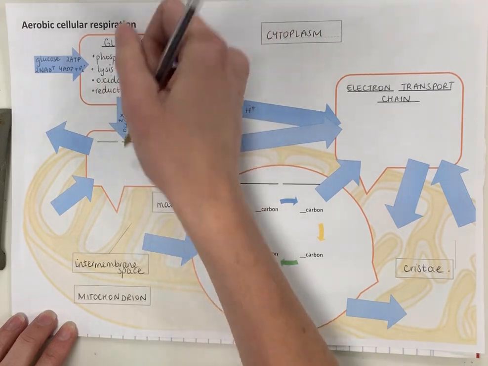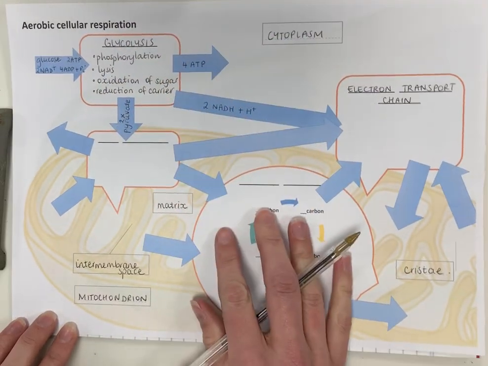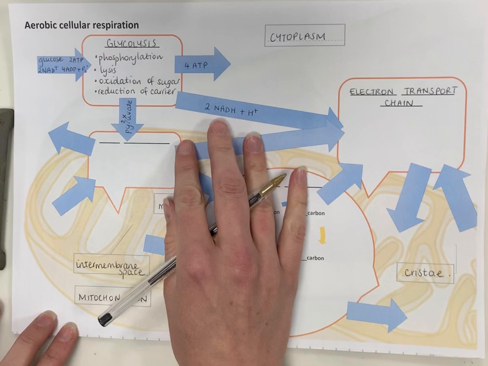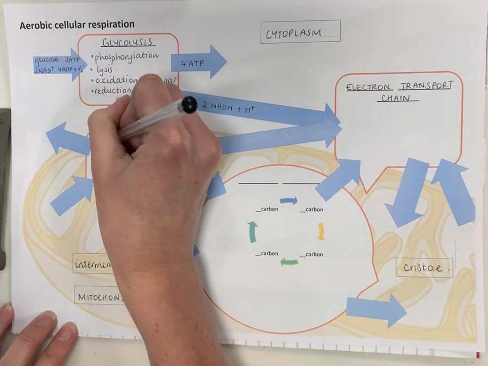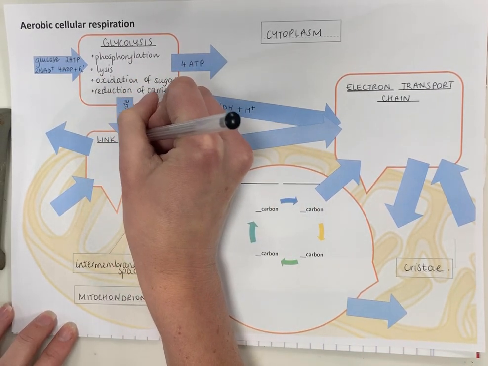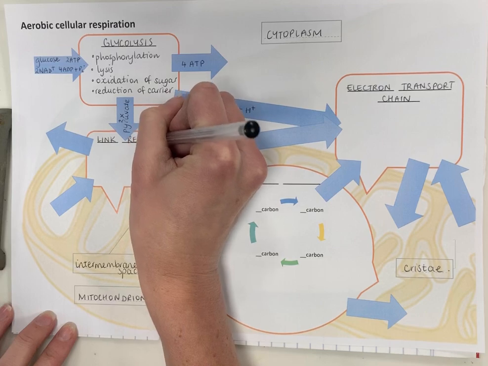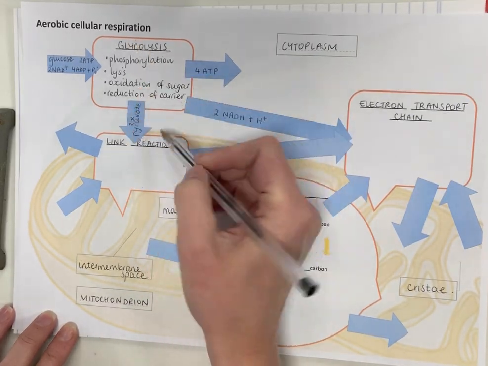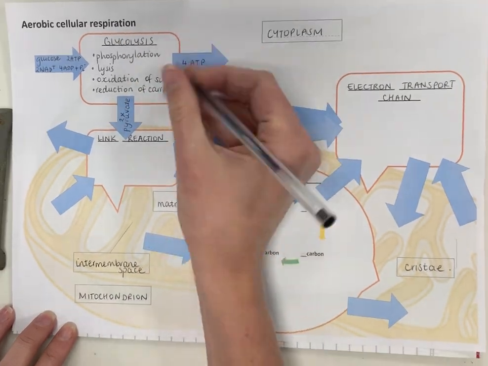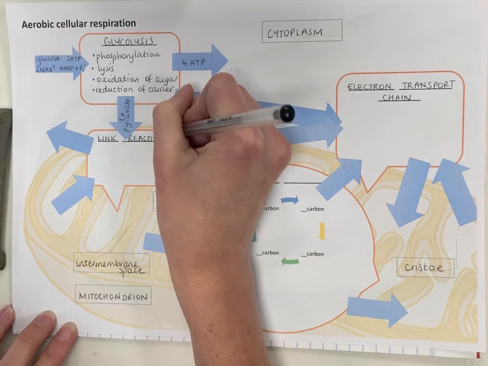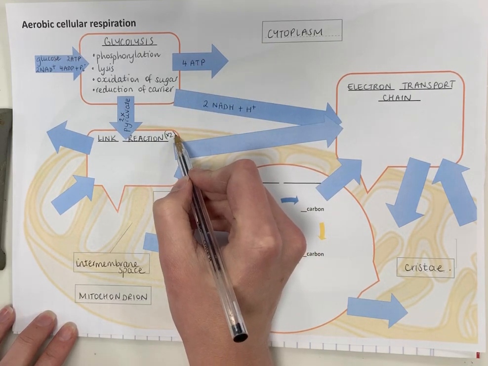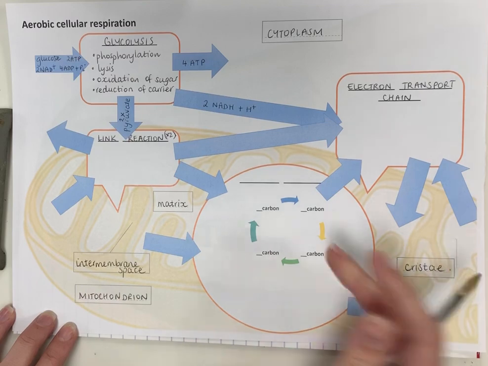Okay, so entering into the mitochondrion, into the matrix, the liquid component, we have the link reaction. Now, of course, that's happening twice, for each pyruvate molecule. We'll factor that in, times 2 for each glucose molecule that we started with.